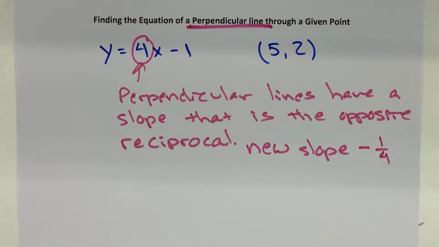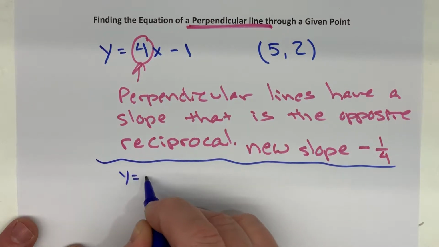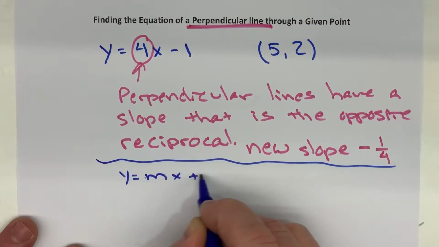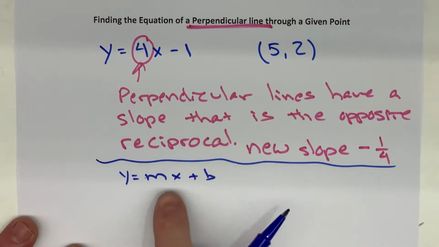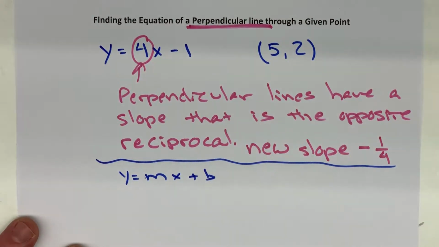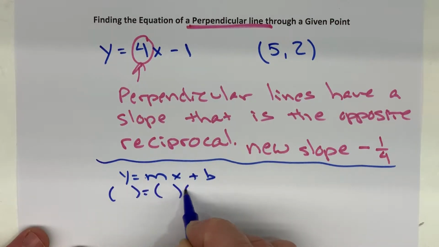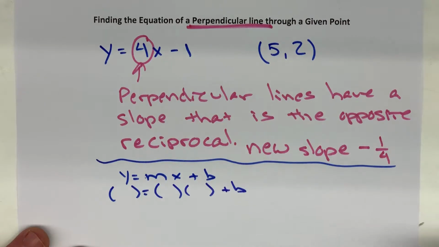Now, I know the slope, but to get the equation of a line, I need the y-intercept as well. So I have y equals mx plus b, and I'm going to use what I know, this point and this slope, to solve for my y-intercept. So y equals m times x plus b.